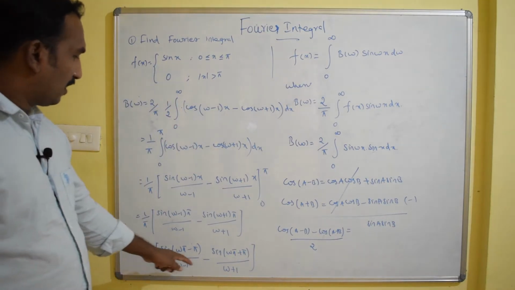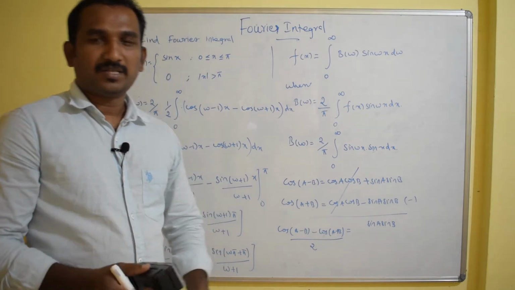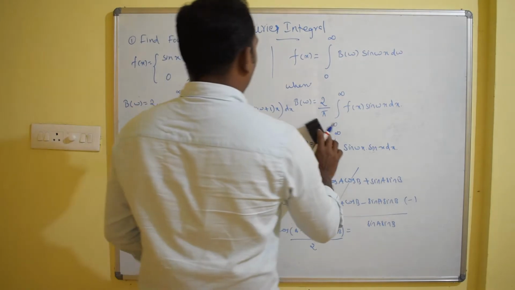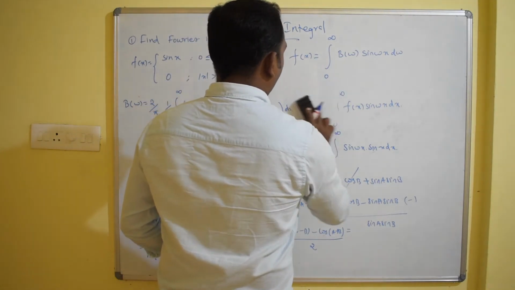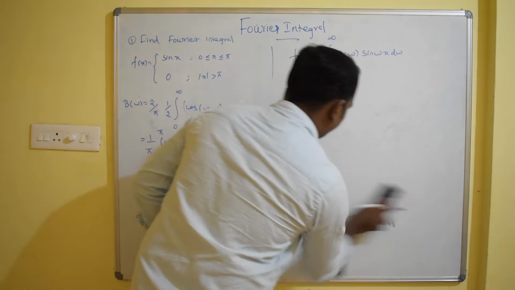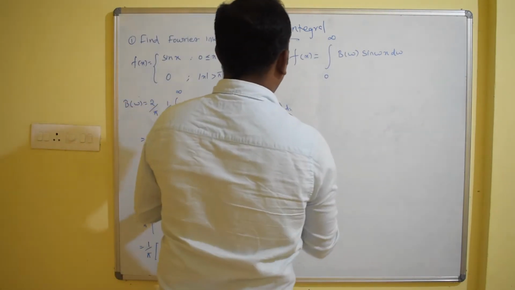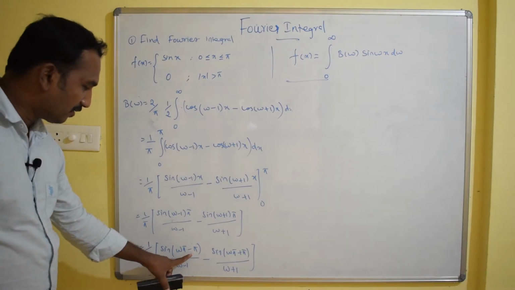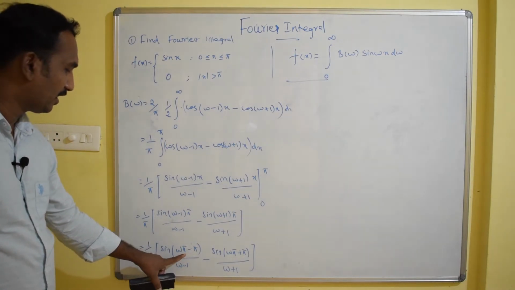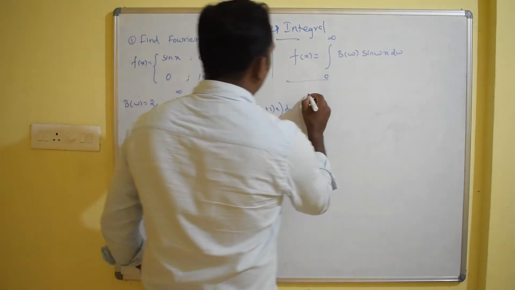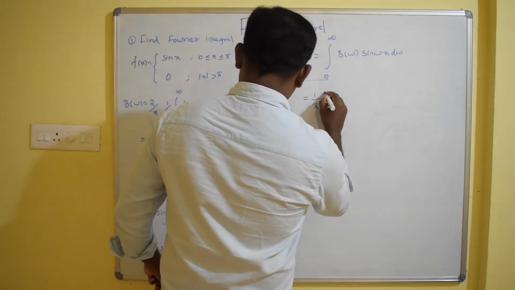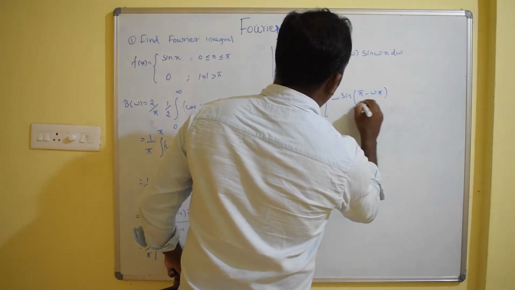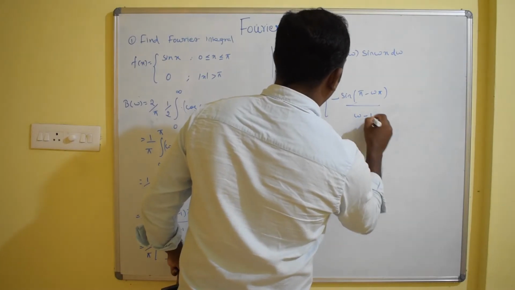And now we can go for the sin(180 plus theta), sin(180 minus theta) formula, and let's see what we will get. So I need to write this as pi minus omega pi, so that I am operating on minus, so this will become 1 by pi, minus of sin(pi minus omega pi) divided by (omega minus 1).